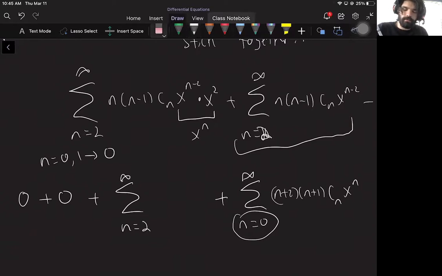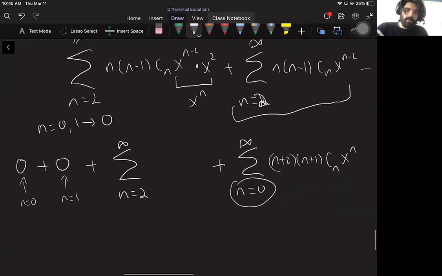So this 0 term I can think of as the n equals 1, and this is the n equals 0 case. So then I can just combine these into starting at 0. It doesn't change the power series.